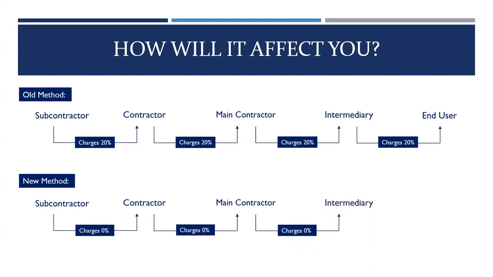The main contractor will then charge the intermediary with no VAT on it, and the intermediary will then charge the end user 20% VAT. Therefore, the Inland Revenue are not going to be exposed all the way along the chain, only at the end. So there's going to be less chance of people not charging VAT and not paying it over. So this is why we are where we are.